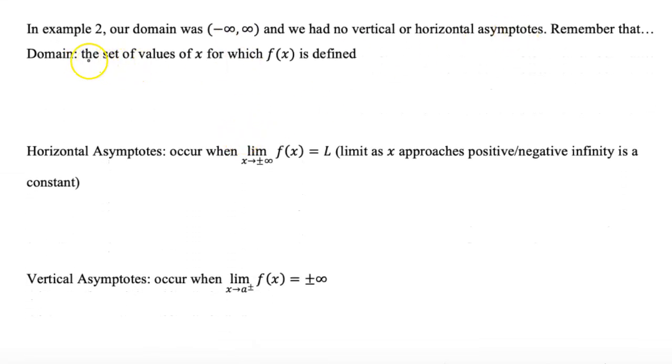Quick refresher, remember that the domain is the set of x values for which f of x is defined. So f of x is undefined when? We're looking for a few things. When, 1, we have a negative inside of an even root.